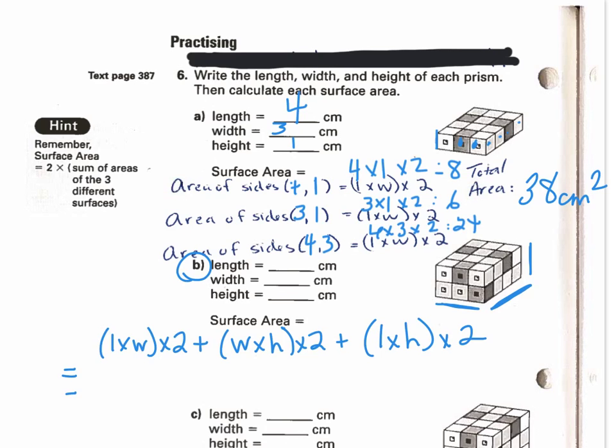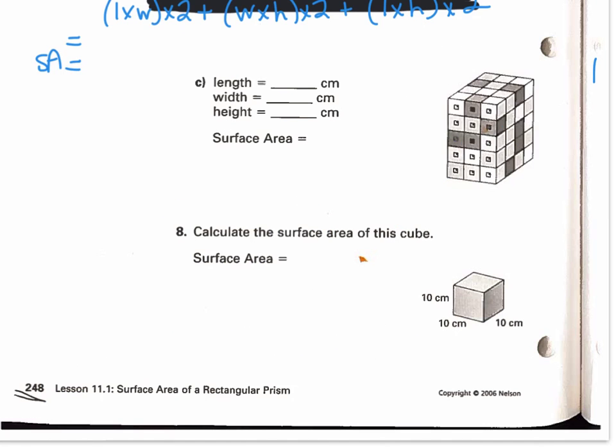Substitute the numbers and calculate the surface area. Once you have completed that, you're going to calculate the surface area for C, writing in the formula yourself, and for 8.